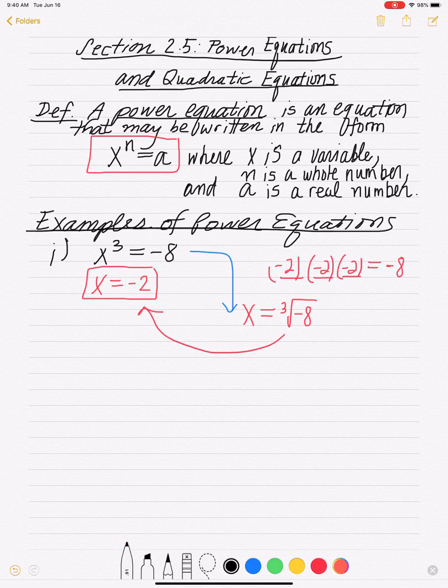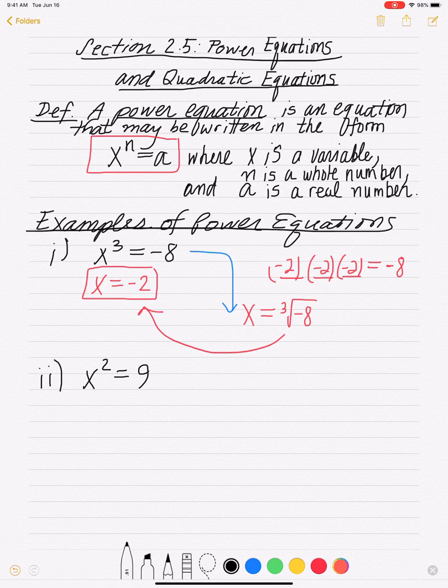Now let's do another power equation. Let's say we have x squared this time. x squared equals positive 9. So think about what number do you have to square to get positive 9, or what numbers, maybe it's more than one number?